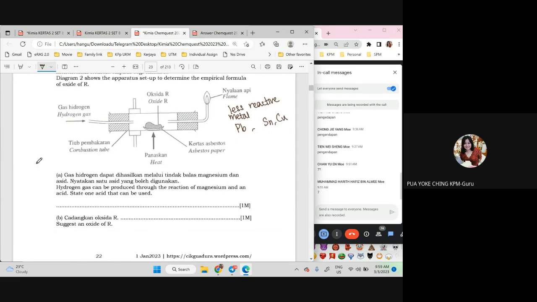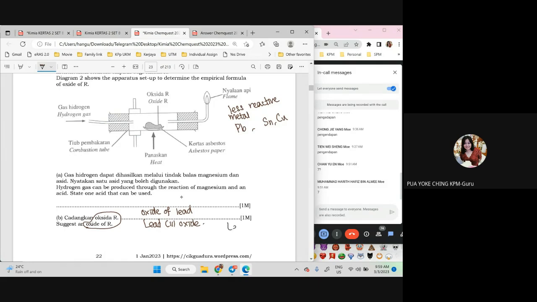So cuma kena jaga cadangkan oxide of R. So you need to write oxide of lead. Or you write lead 2 oxide.